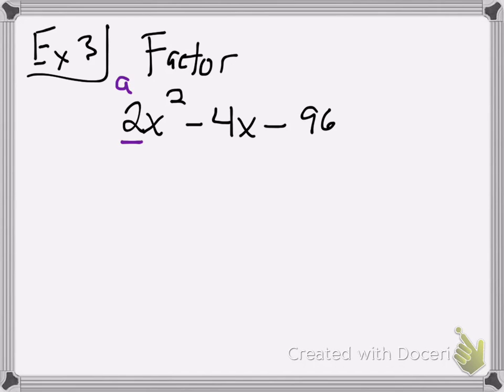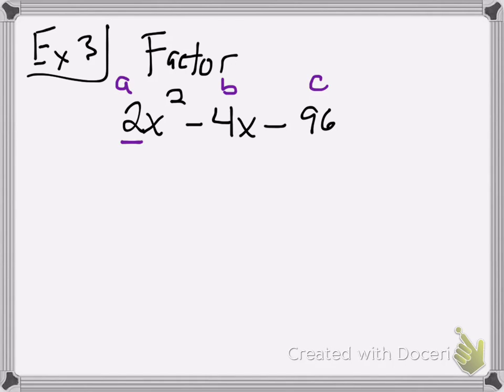I know I'm in standard form. Here's my A, my B, my C, and I've got to put it in factored form. A is something other than 1. If you remember me saying that a couple months ago, thank you. We need to see if A divides B and divides C evenly.